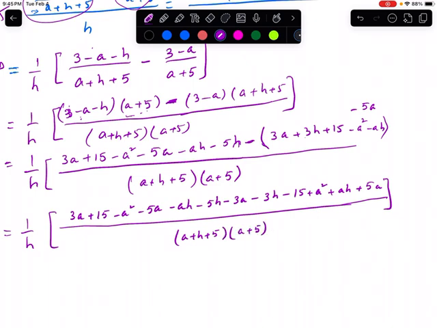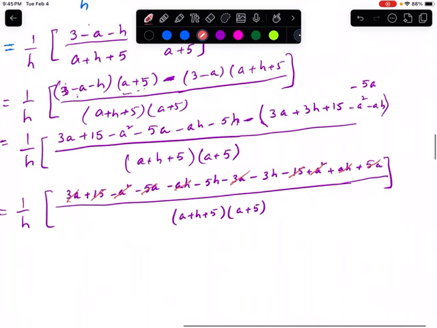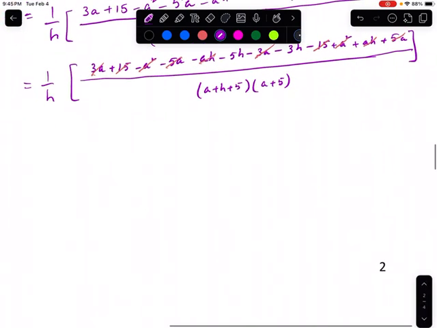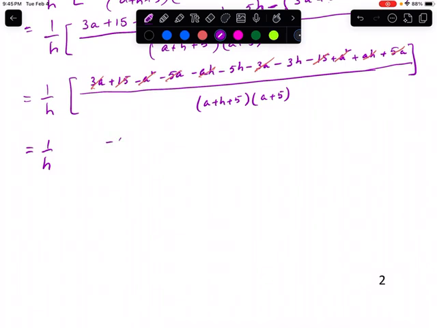Now a lot of terms will cancel out. We see 3a cancel out, 15 and minus 15, a square and a square, 5a and 5a, ah and ah cancel out. And we are left with negative 5h minus 3h, which gives negative 8h at the top.